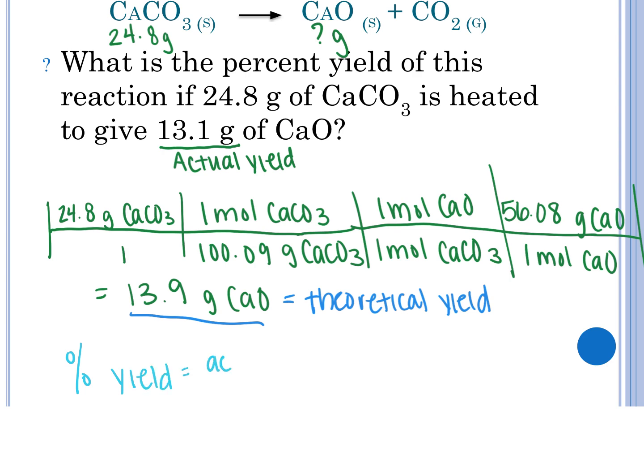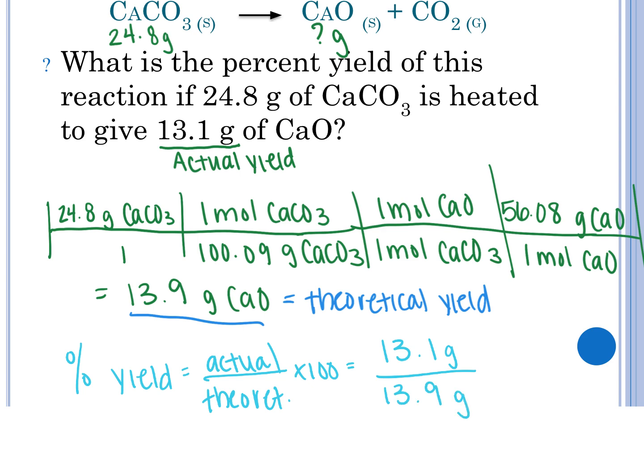It's just your actual over your theoretical, times 100. Do we know what the actual and theoretical yields are? For the actual yield, that's the one given to you in the problem, the 13.1. And our theoretical, the one that you always calculate, is 13.9.